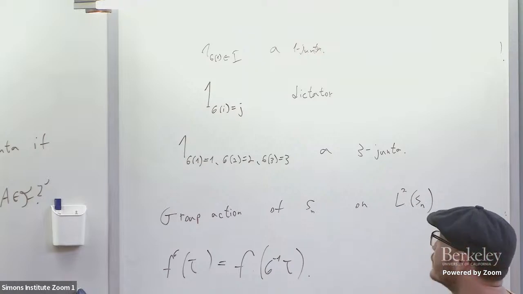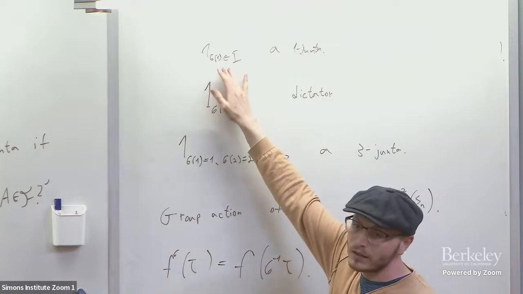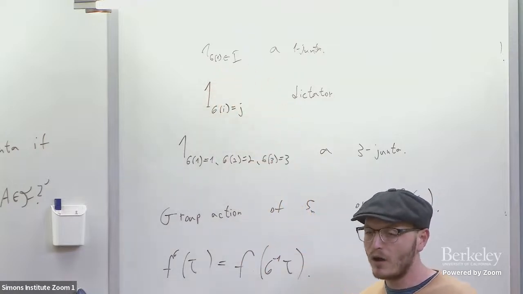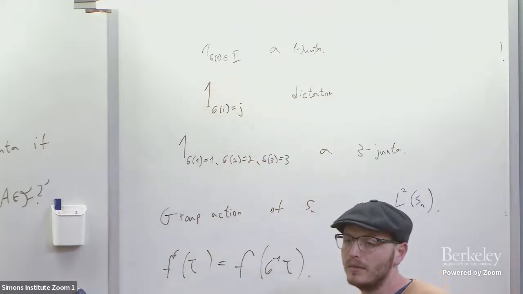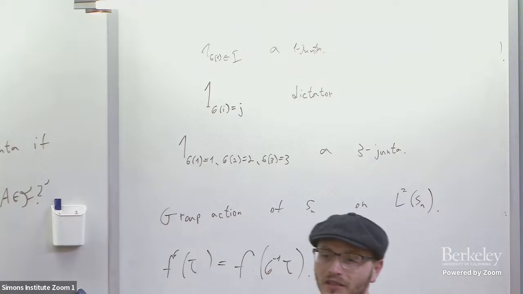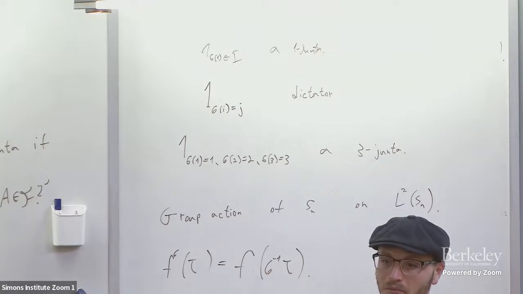We can also talk about the indicator that sigma inverse of 1 is in a set I, and then according to our notion, it's not going to be a junta, but it's a junta with respect to the other action from the other side.